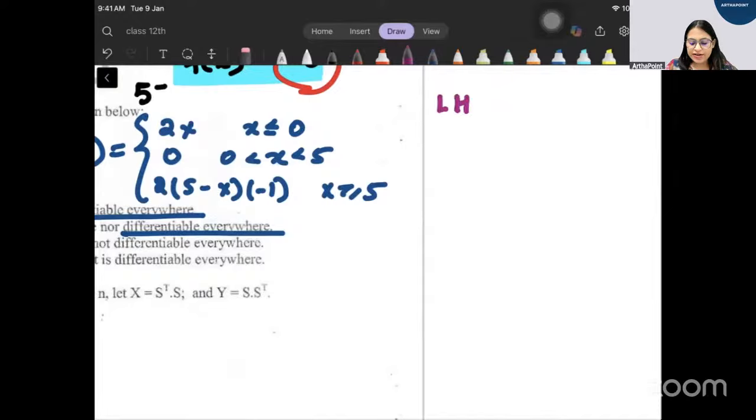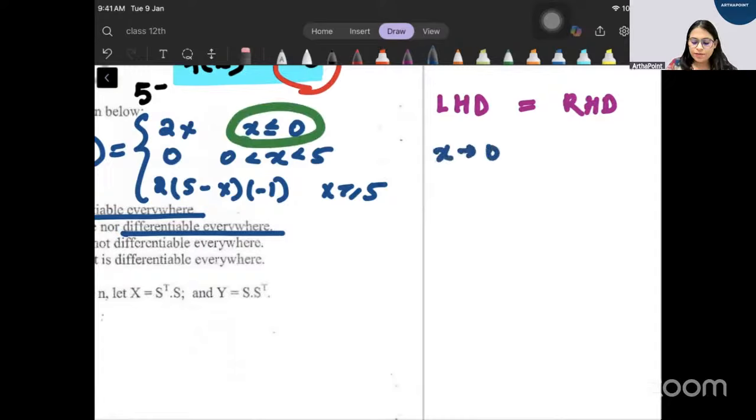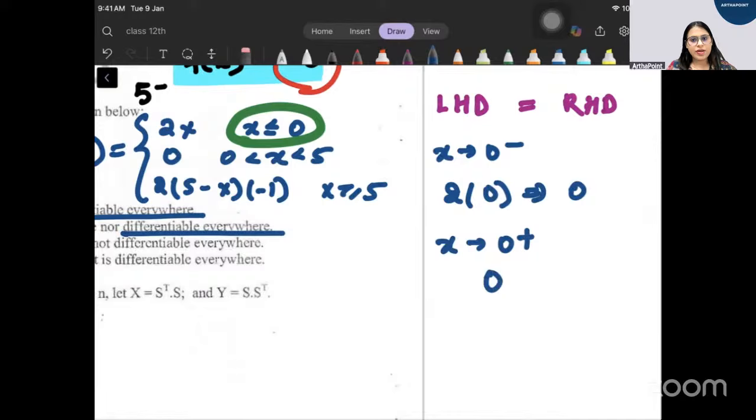So now I have to check differentiability. तो left hand differentiation equal to right hand differentiation होना चाहिए. So when I check left hand, माने when I check for values less than 0, तो मैं 2x में 0 डालूंगी, I'll get 0. When I have to check right hand differentiation, तो माने I will put in this value, ये तो 0 ही है. So I am going ahead and I am getting 0 from left hand and right hand differentiation.